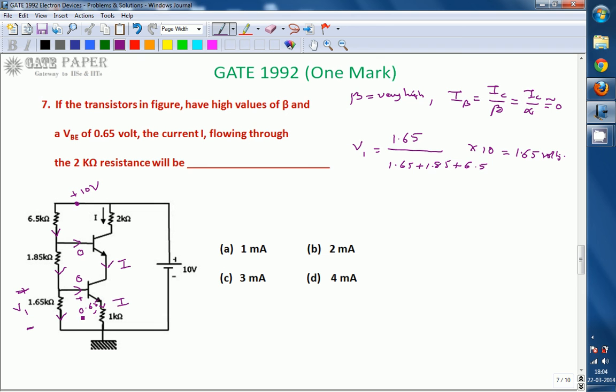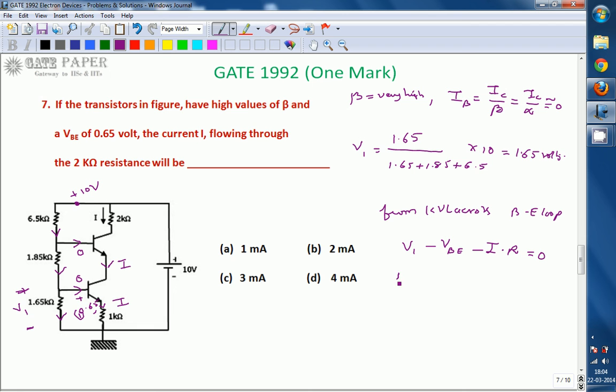So apply KVL across this loop, loop 1. KVL across the base emitter loop of the lower transistor gives V1 minus VBE minus I into R is equal to 0.